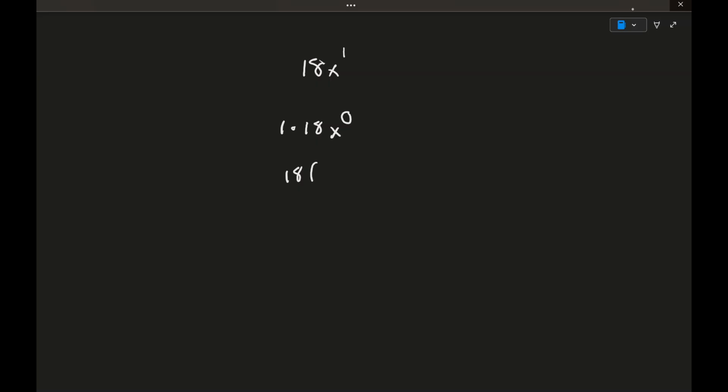So I'll have 18 times 1, because anything to the 0th power that isn't a 0 is going to be 1. So to simplify this, if you have any number times a variable where the power is 1, you just drop the variable.